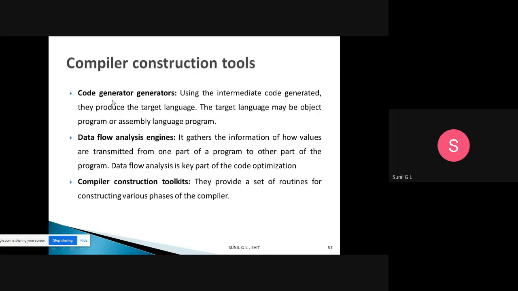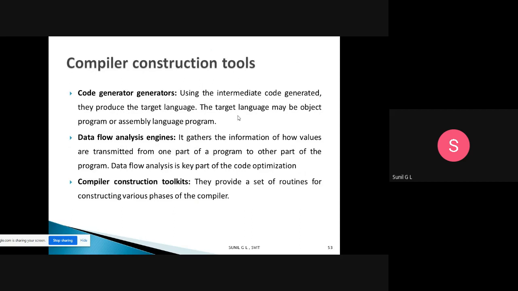For that, if you give the output of the code optimizer as input to the tool, it will automatically produce assembly level language. The target program may be an object program or an assembly level language program. For that we have the code generator.